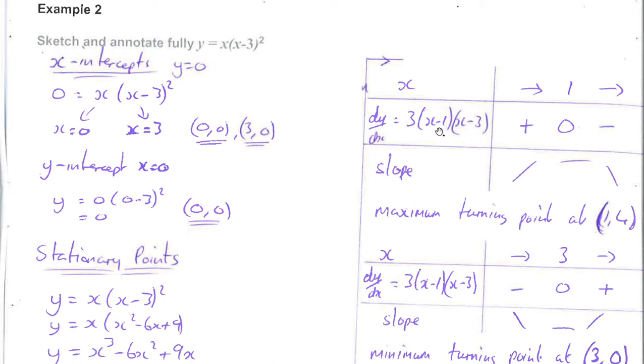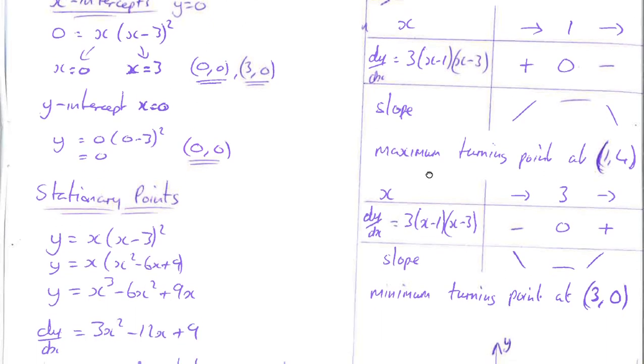So 2 minus 1 is positive, 2 minus 3 is negative. So we've got a positive multiplied by a positive multiplied by a negative, which would be negative. Double check for x equals 1, 1 minus 1 is 0. So we have positive, then 0, then negative for the gradients. So it's going to be rising, flattening off, and then falling. So we have a maximum turning point at 1, 4.